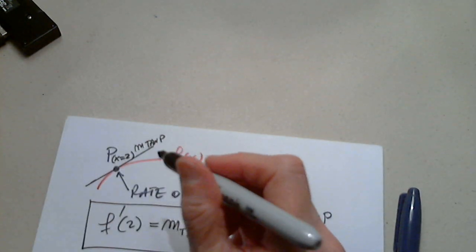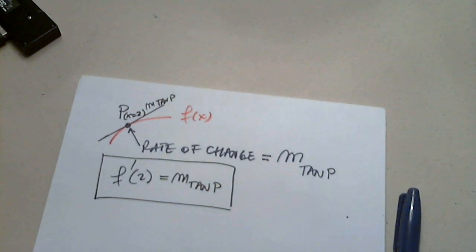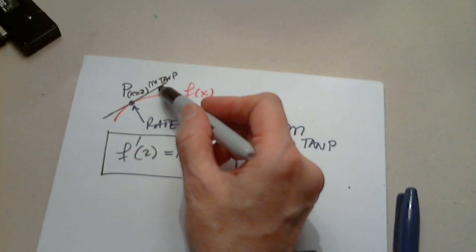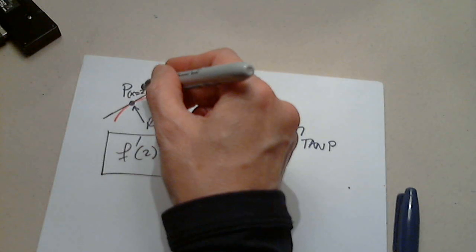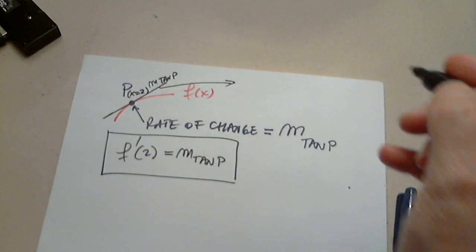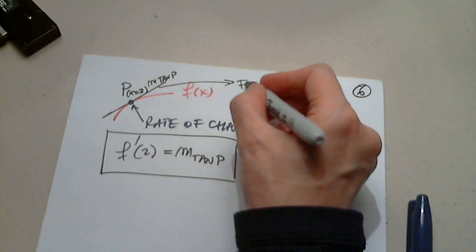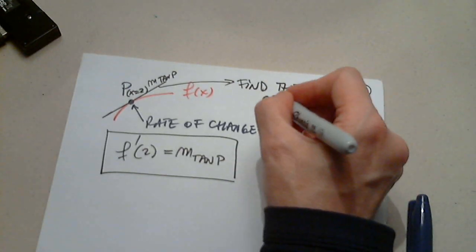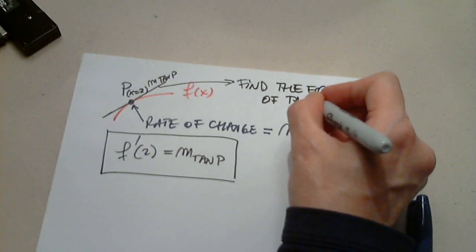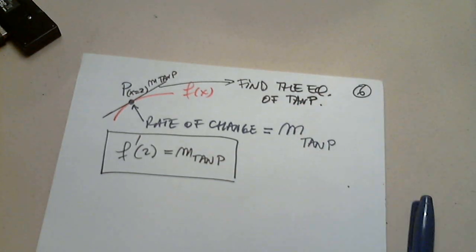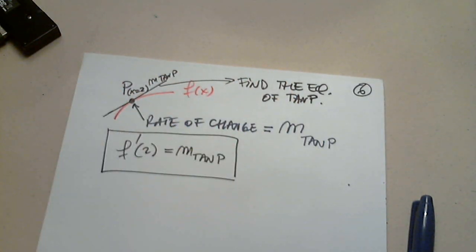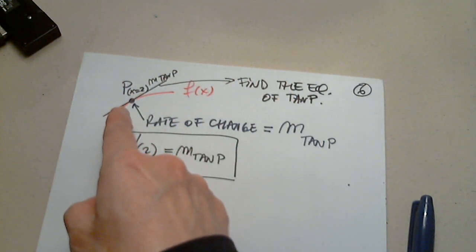We are asked a lot to determine the equation of this line. I forgot, this is page 6. Find the equation of the tangent at P. We're given a function, we're given a point, and we're asked to find the equation of the tangent line at that point.